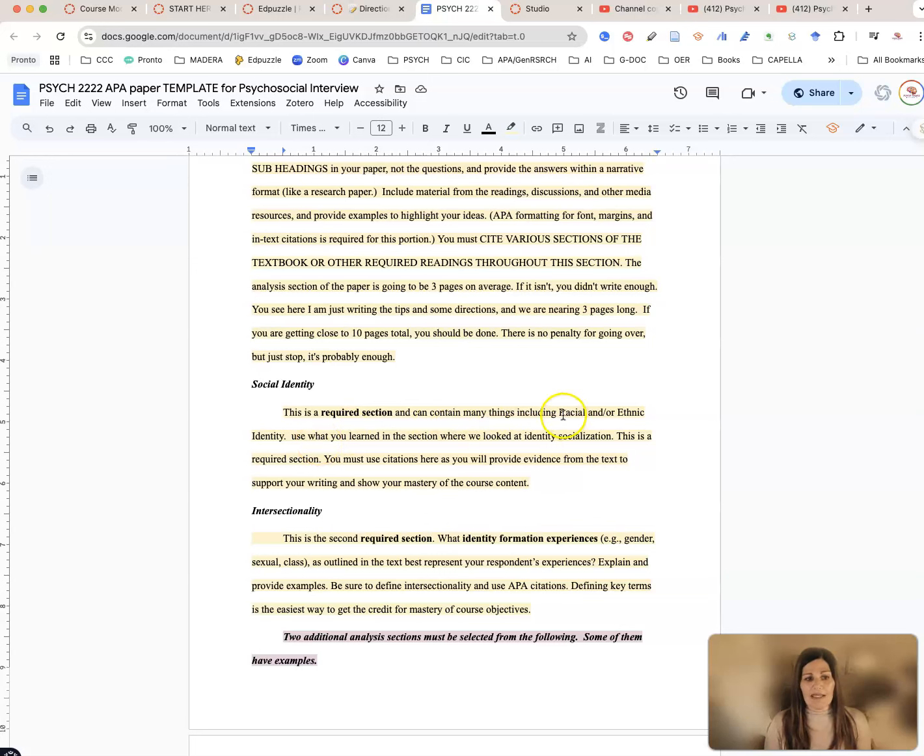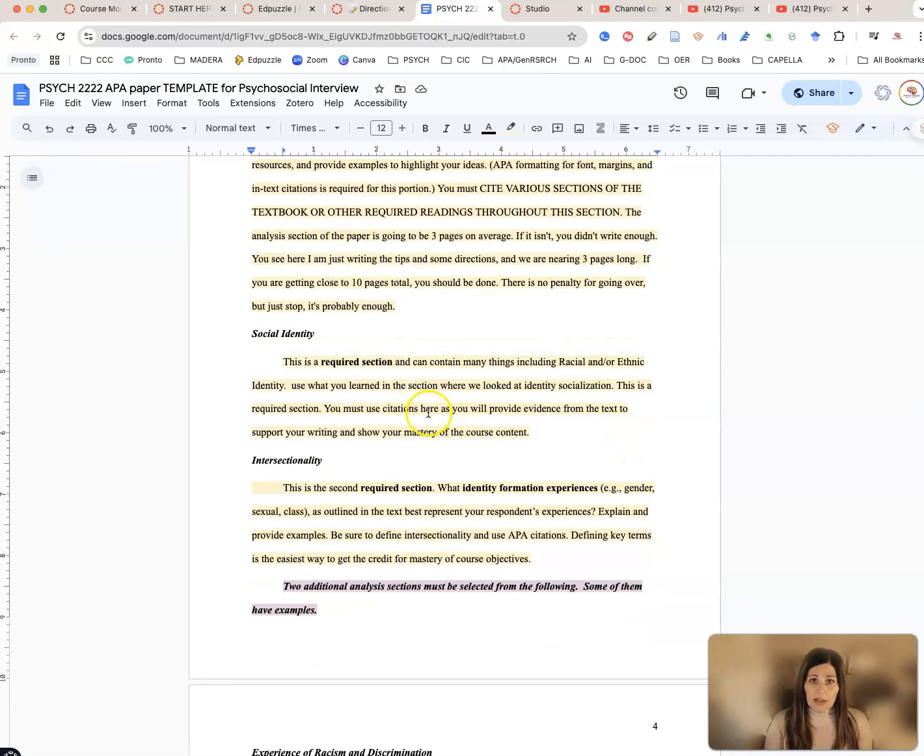Okay, so what's in social identity? You want to go back to the chapters that we covered social identity in, and this can include a lot of things. Racial ethnic identity is one major concept that can be covered here, and we had assignments related to that also. You do need to use citations here. Generally, people use the textbook.